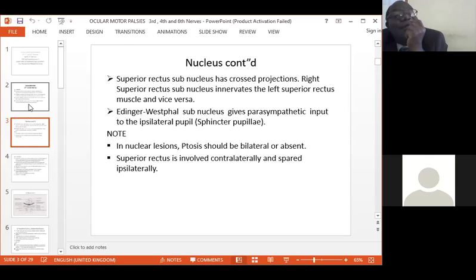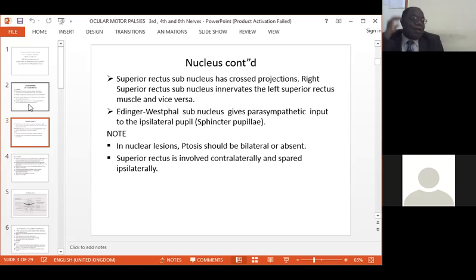In other words, superior rectus palsy is involved contralaterally, meaning the fibers are coming from the opposite side. For the left superior rectus, fibers are coming from the right. For the right superior rectus, fibers are coming from the left. That's the meaning of superior rectus is involved contralaterally and spared ipsilaterally.